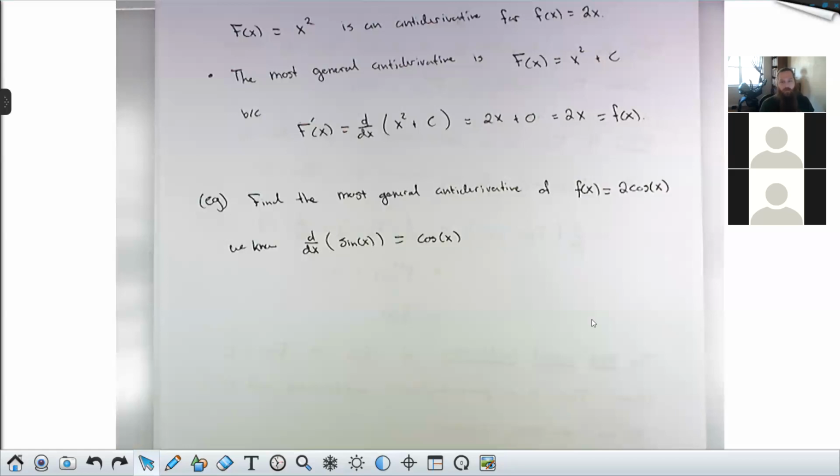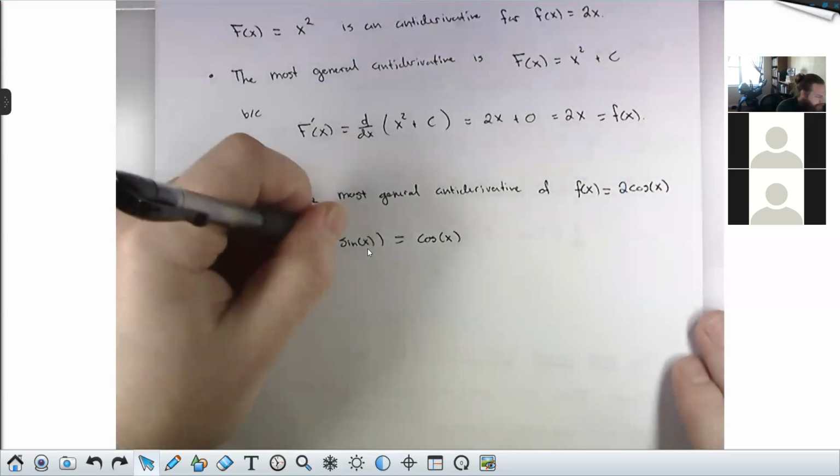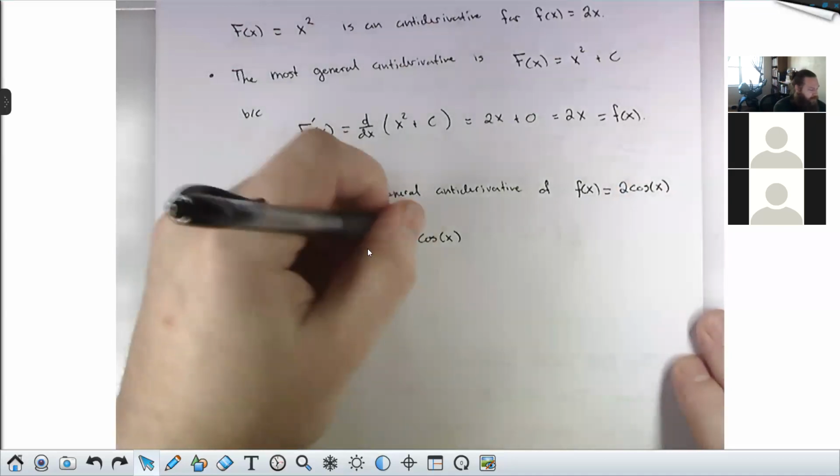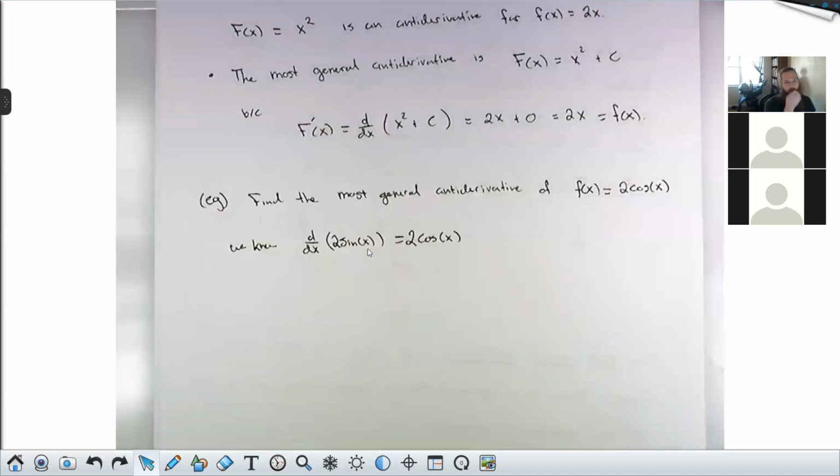The particular differentiation rule that tells me that this 2 is just a multiple coming along for the ride is that when you take derivatives of constant multiples, they really do just come along for the ride, right? Remember that a number multiplying a function, when you differentiate it, just comes along.